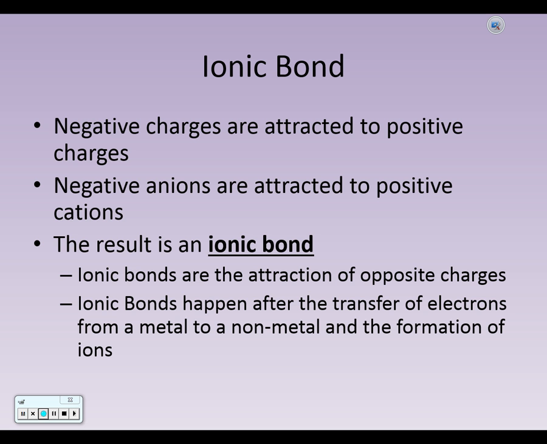Ionic bonds happen after the transfer of electrons from a metal to a nonmetal. Right, Julia, we said that metals are losing electrons, nonmetals are gaining electrons, so electrons go from metals to nonmetals.